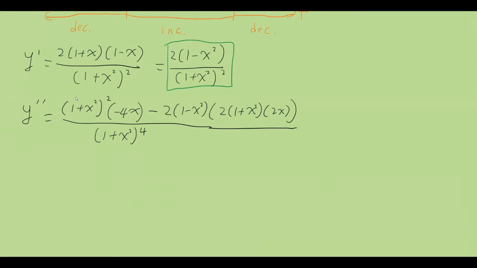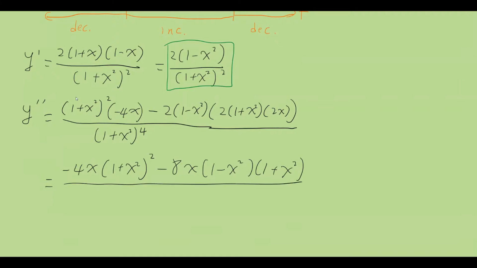All right, next, let's clean this up a little bit. Let's see what we can factor. So put the -4x in the front. So -4x times 1 plus x squared quantity squared. Let's multiply this out. 2, 4, 8. So minus 8x times 1 minus x squared times 1 plus x squared. All right, all over 1 plus x squared to the 4th.